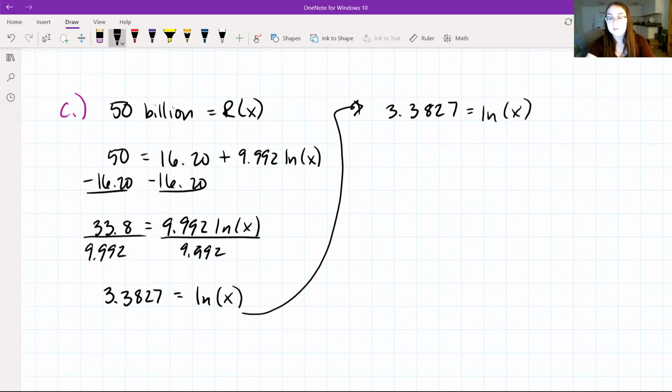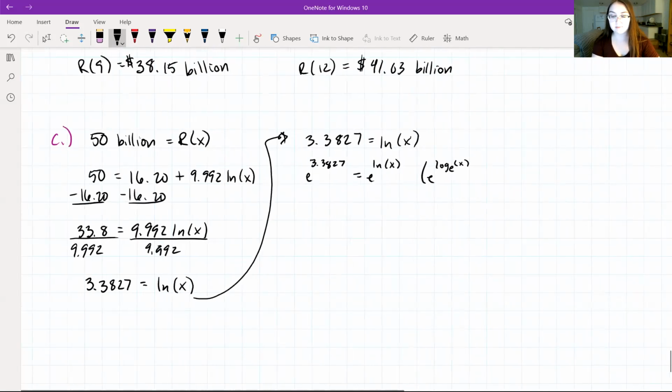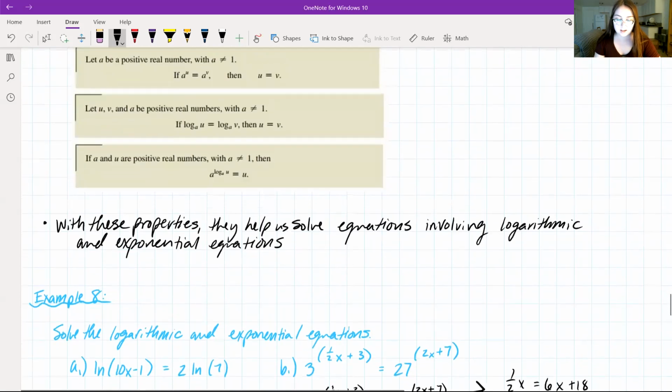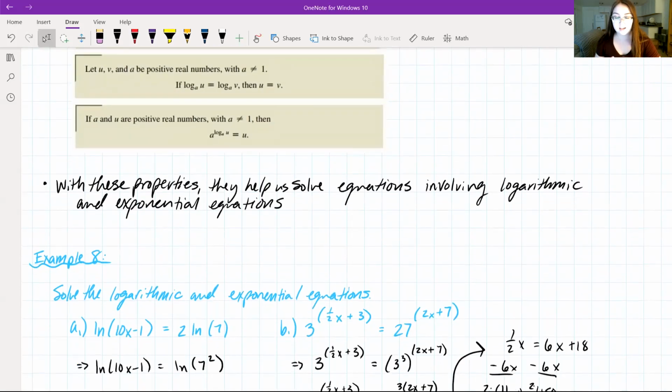In order to simplify for X, we are essentially going to raise each side of our function as an exponent of e, because this is going to give us e to the 3.3827 power is equal to e to the natural log of X. Now we know that the natural log of X is like saying the log base e of X, so this is like saying e to the log base e of X. We can go up to our properties, and we see our last property here tells us a to the power of log base a of u is just equal to u.